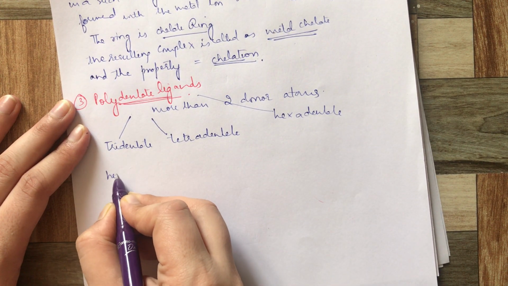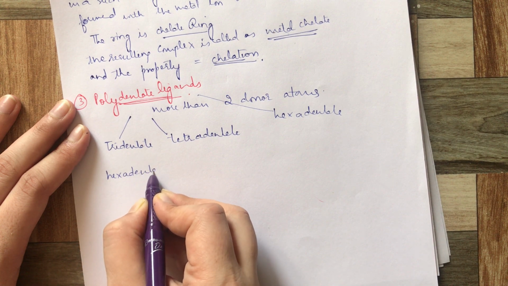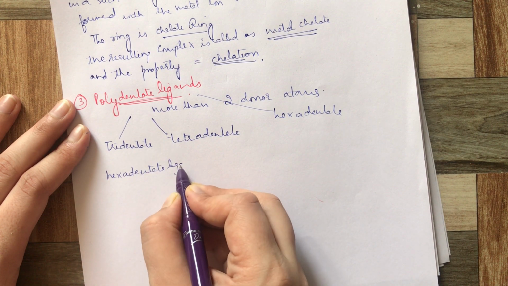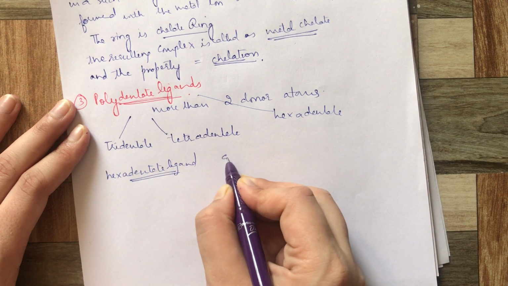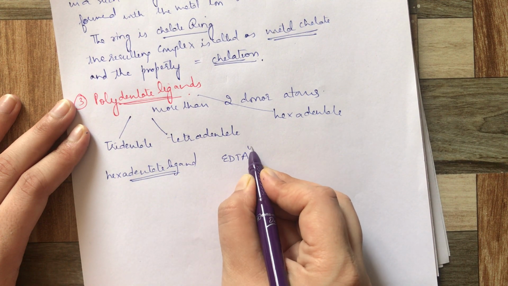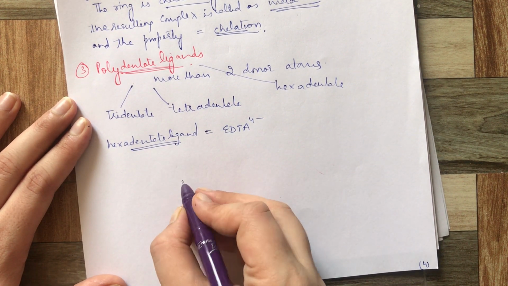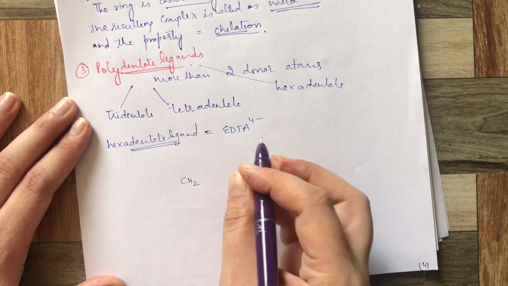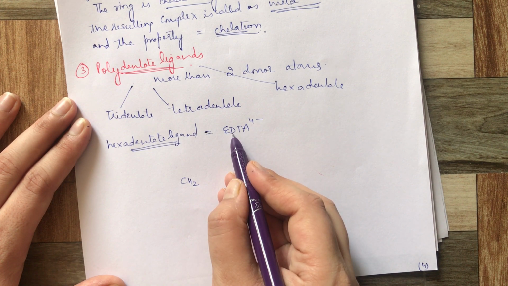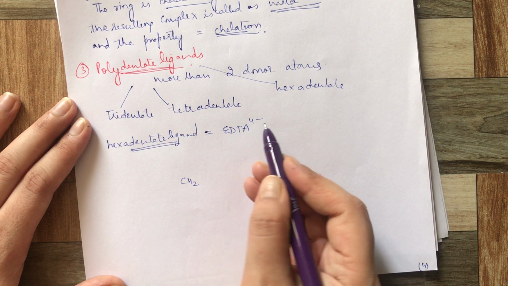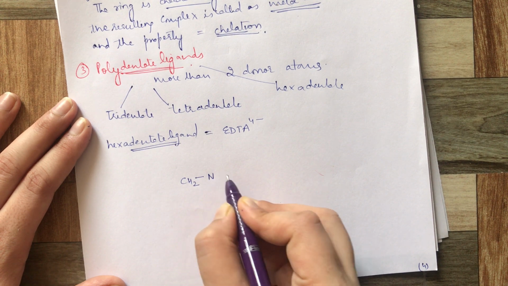One example of a very important hexadentate ligand is EDTA. It is a hexadentate ligand. EDTA means ethylenediaminetetraacetate.